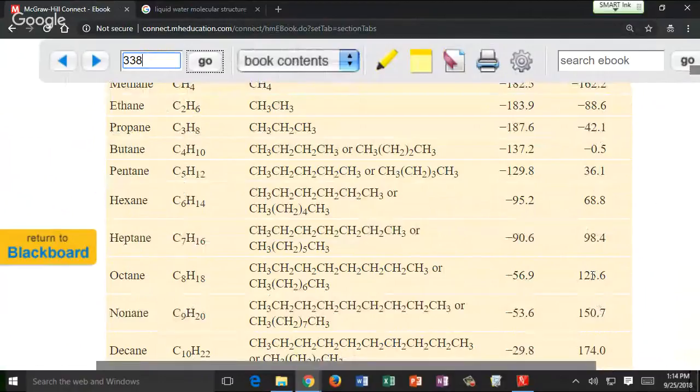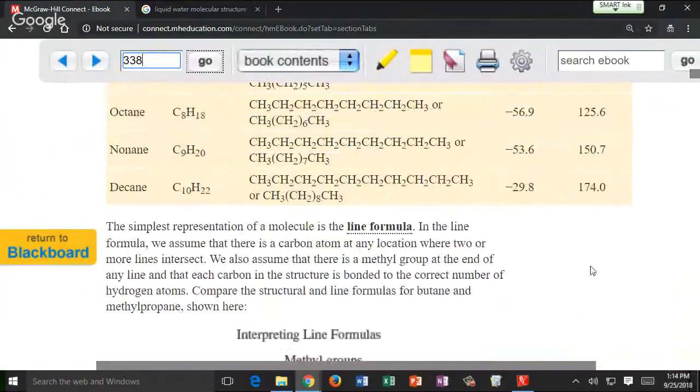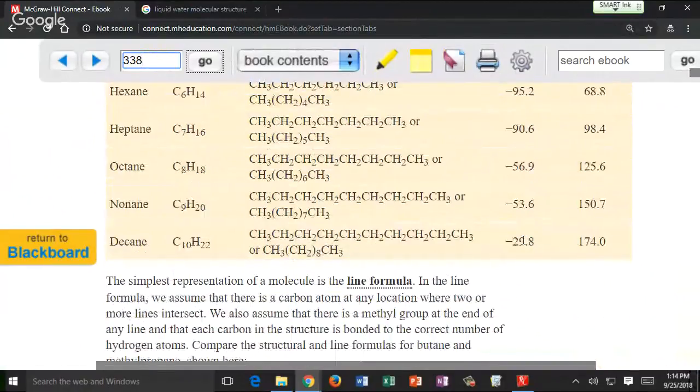And then actually, as you get even bigger and bigger, well, this doesn't show that, but this is 10 carbons and 22 hydrogens. As you get up into the 20s and up of carbons, you actually start making solids at room temperature, and that's what we know as waxes.